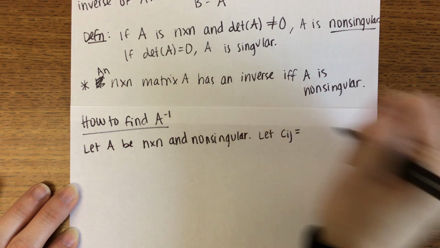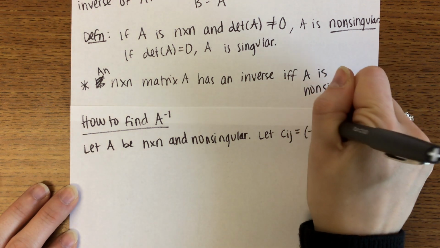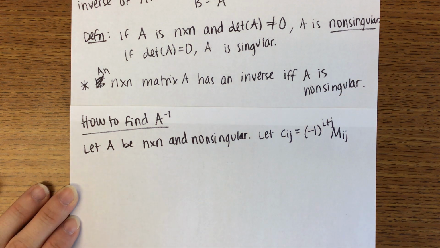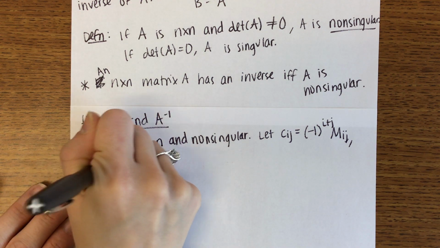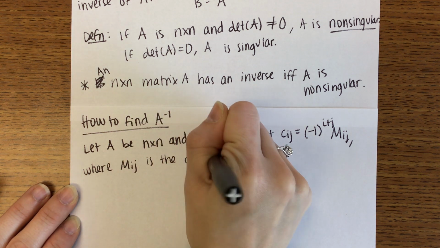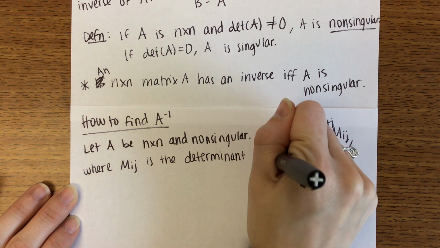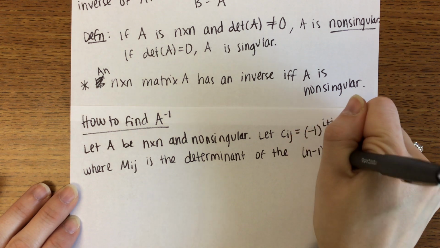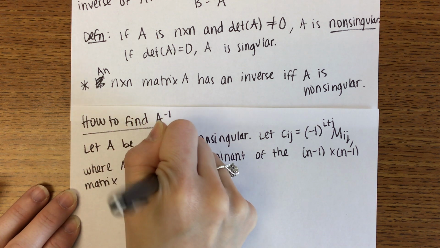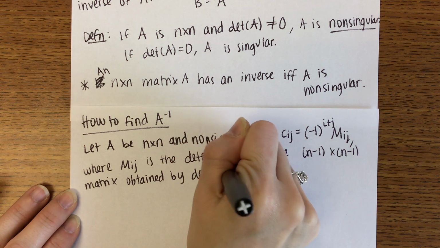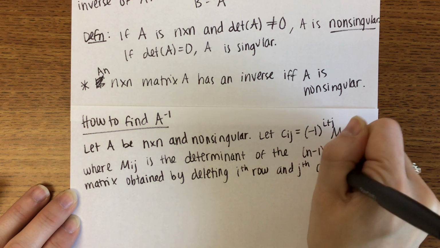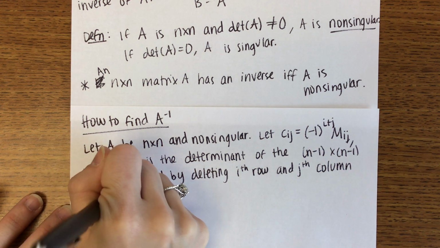Let the term Cij be equal to -1 to the i plus j times big M of ij, where big M of ij is the determinant of the n minus 1 by n minus 1 matrix obtained by deleting the ith row and jth column from A.